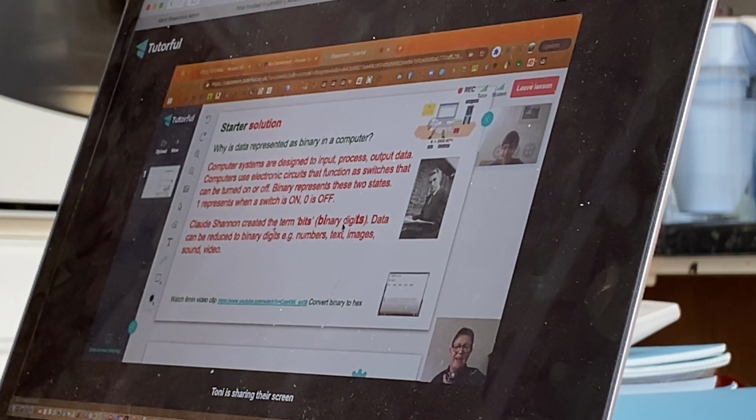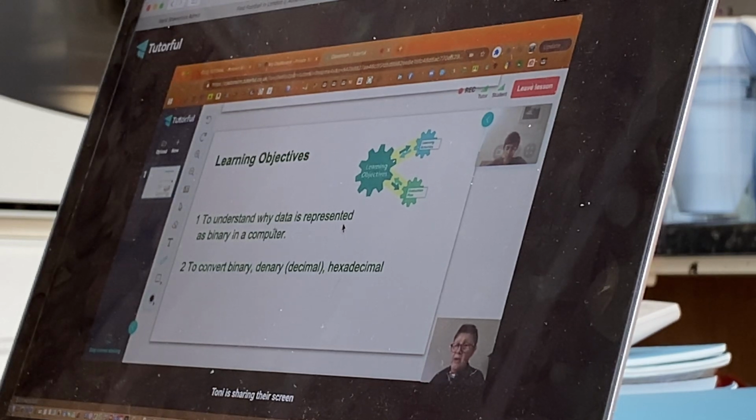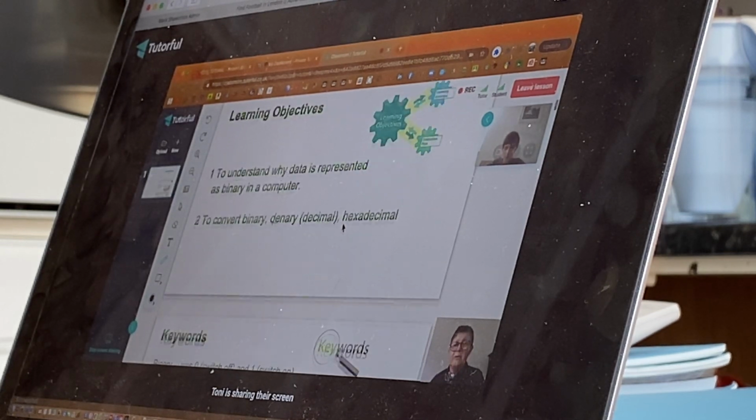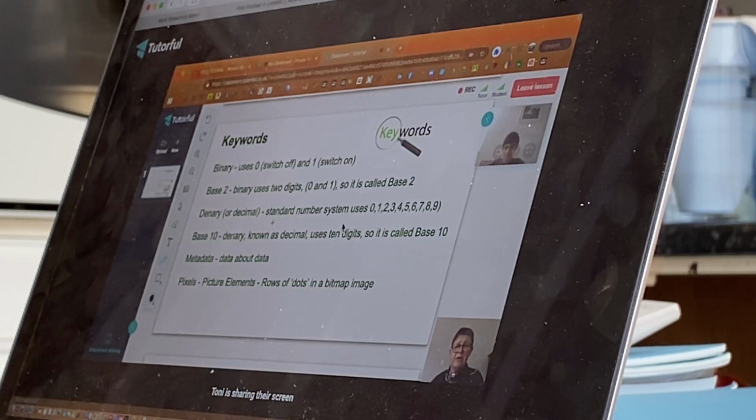Okay. So today we're going to convert binary and decimal into hexadecimal. If you remember, we call binary base 2 because it only has two options, on and off, 1 and 0. And we call denary base 10 decimal because we have 10 digits.